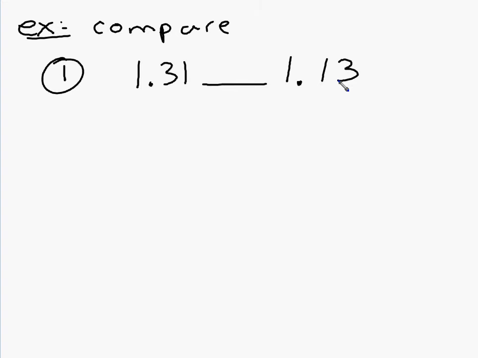Now when we say compare, my answer is going to be one of the alligator mouths. What do I mean by the alligator mouths? The inequality symbols. Greater than, less than, or equal to. Okay? So, on this problem, which decimal is bigger? The left or the right? The one on the left is bigger.